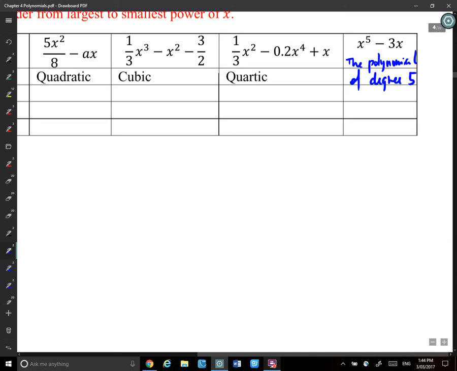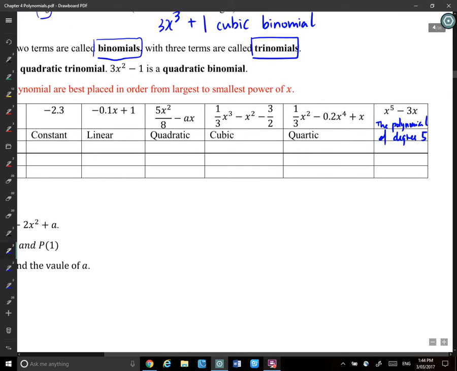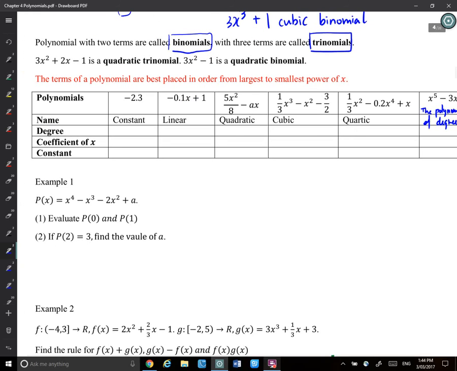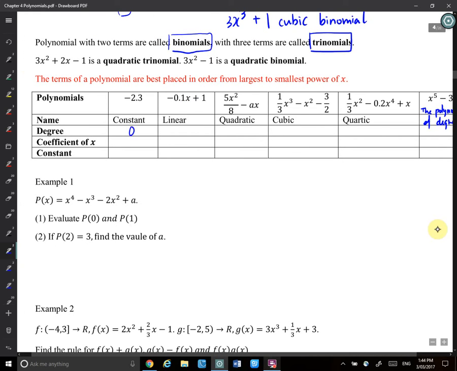We don't have special names for anything greater than power 4. So it's a polynomial of degree 5, degree 6, degree 7, and so on. We keep the names up to quartic. And we know the degree must be 0, 1, 2, 3, 4, 5.